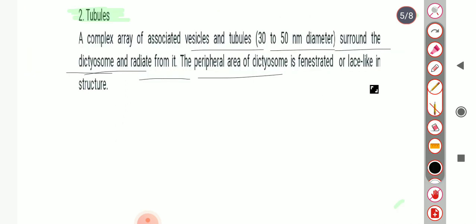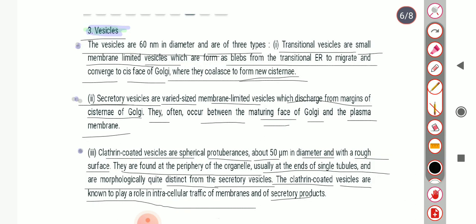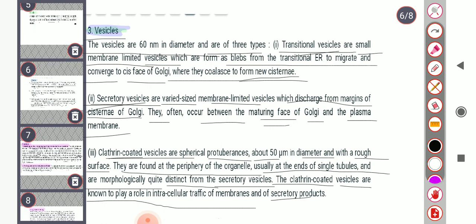Let's come to tubules. Tubules are 30 to 50 micrometers in diameter and are situated in the peripheral area of the structure. These are vesicles. Vesicles are further divided into three types: transitional vesicles, secretory vesicles, and clathrin coated vesicles.